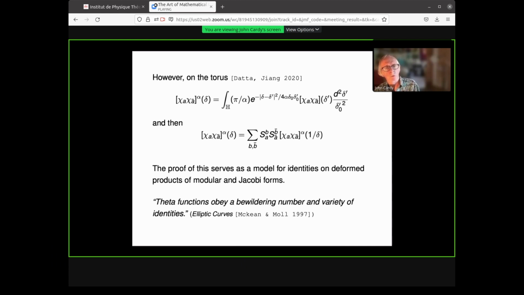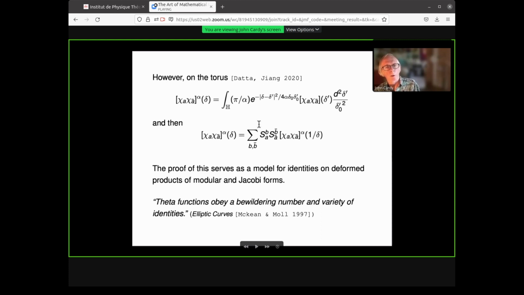And you can show that the deformation of the products of characters is good, and it transforms in the right way, as you expect it would under a modular transformation of the torus.